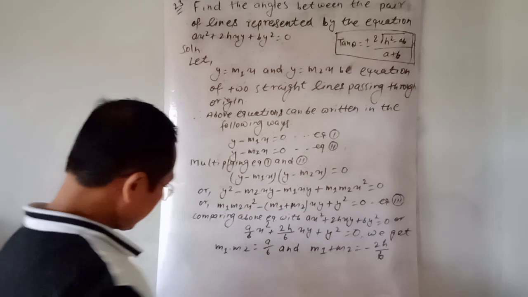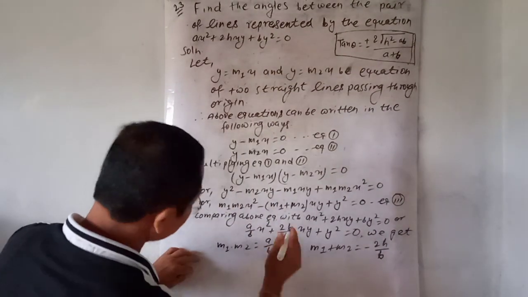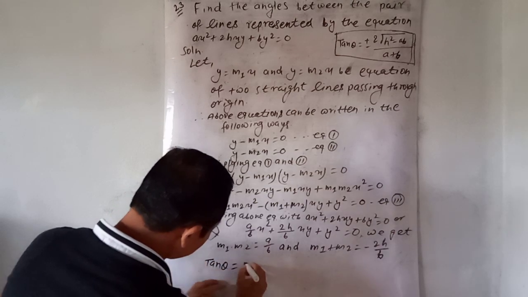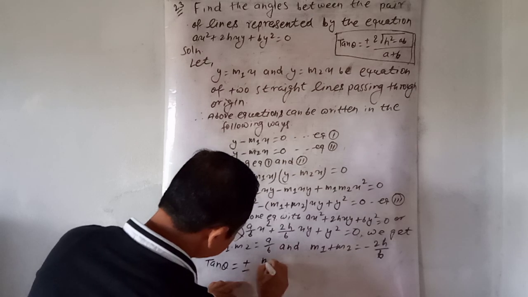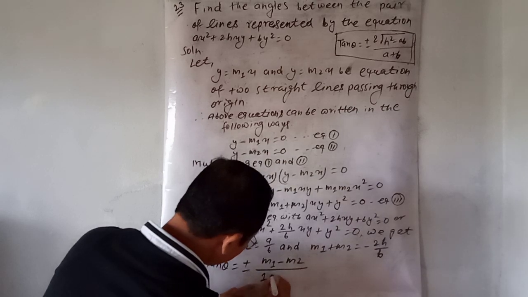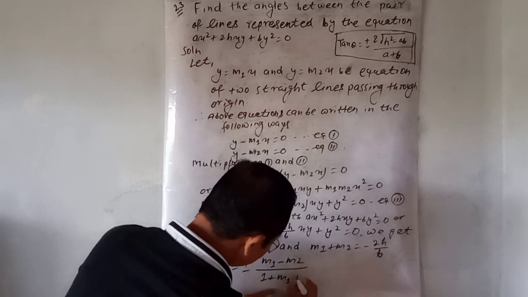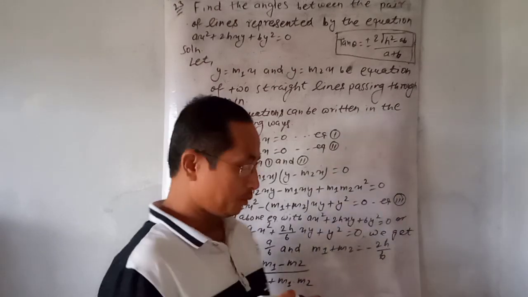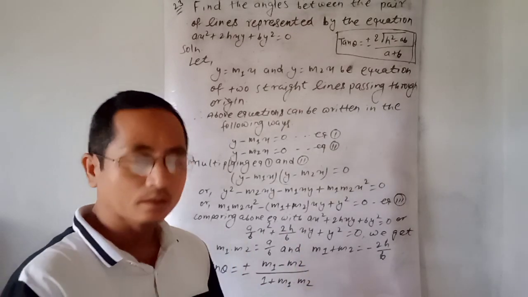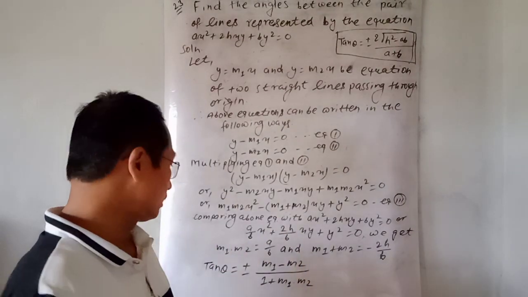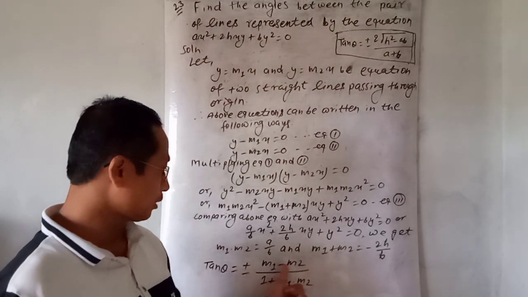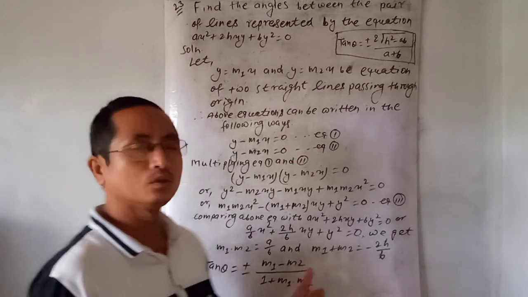Now the formula we have studied, tan theta is equal to plus minus m1 minus m2 by 1 plus m1 into m2. I mean, when the equations of two straight lines are given, then if we calculate the angle between these two straight lines, then the formula is tan theta is equal to plus minus m1 minus m2 by 1 plus m1 into m2.